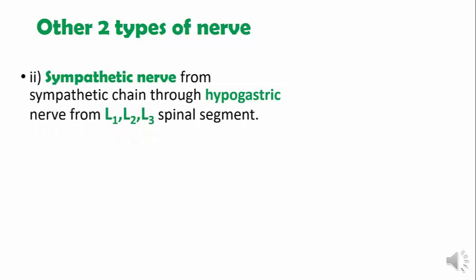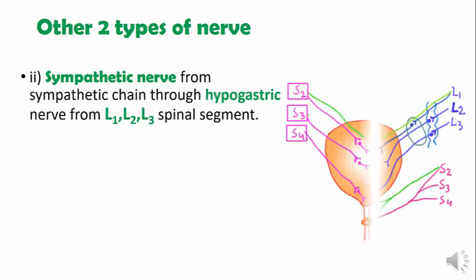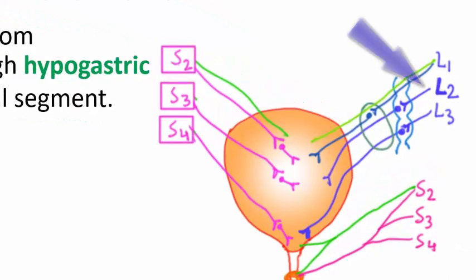The third type of nerve supply of the bladder is the sympathetic nerve supply from the sympathetic chain through the hypogastric nerve from spinal segments lumbar 1, 2 and 3.